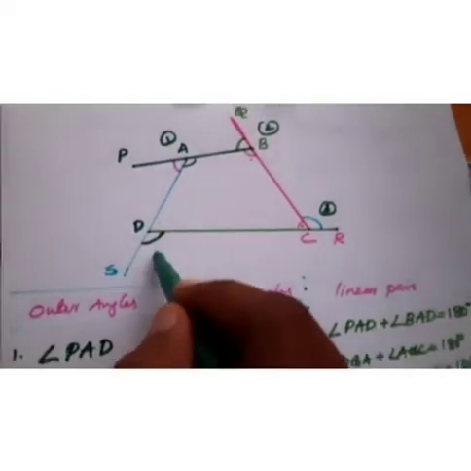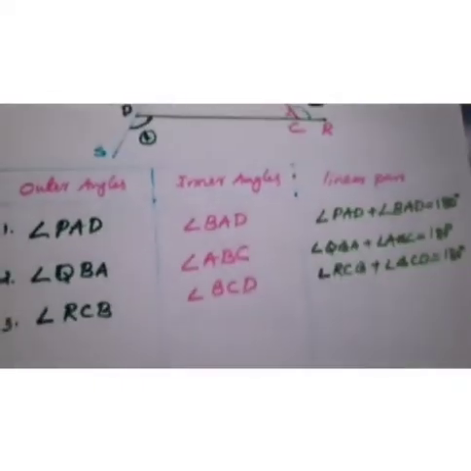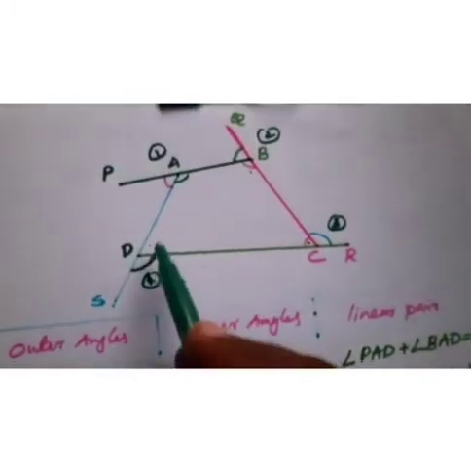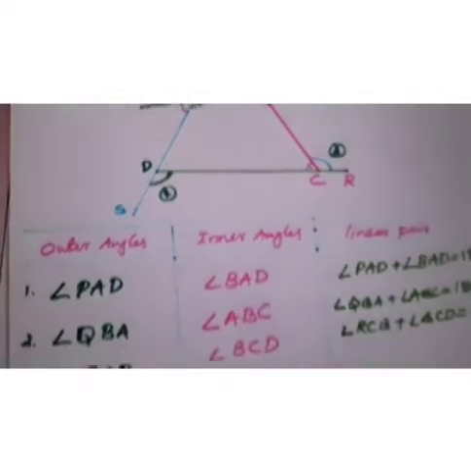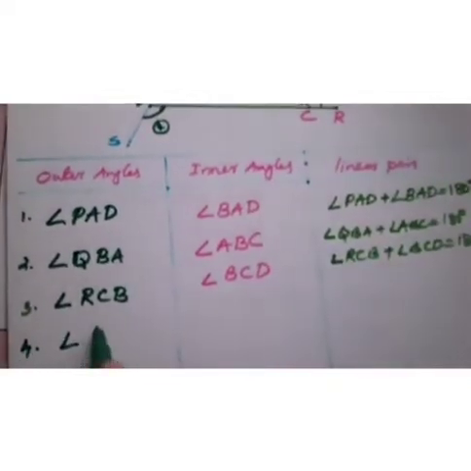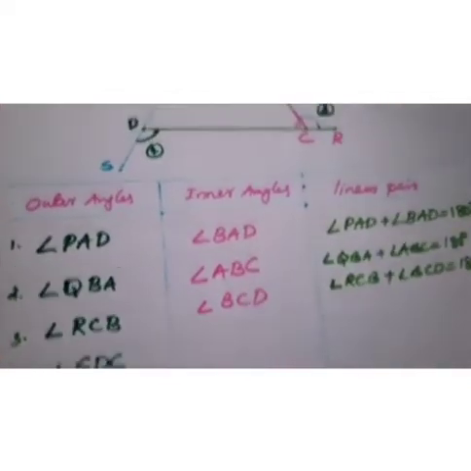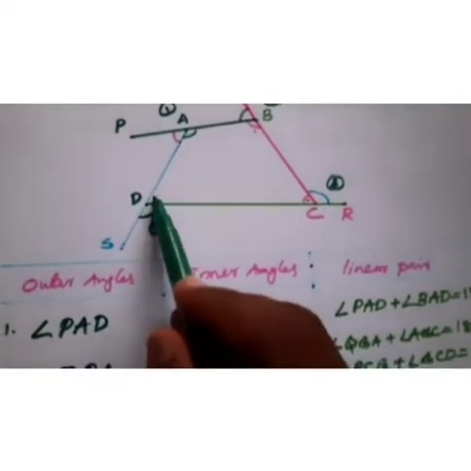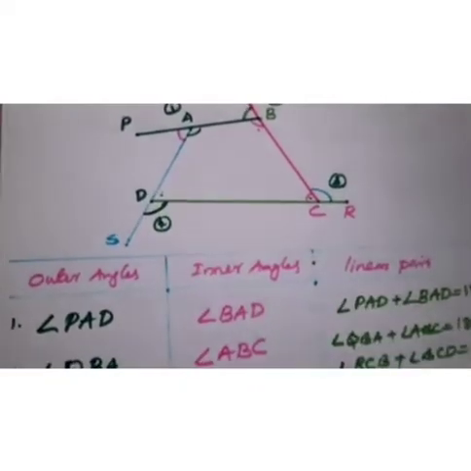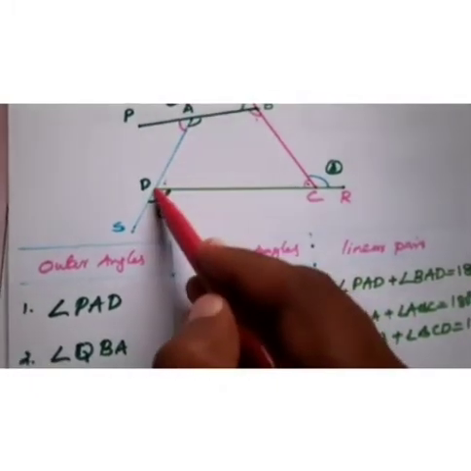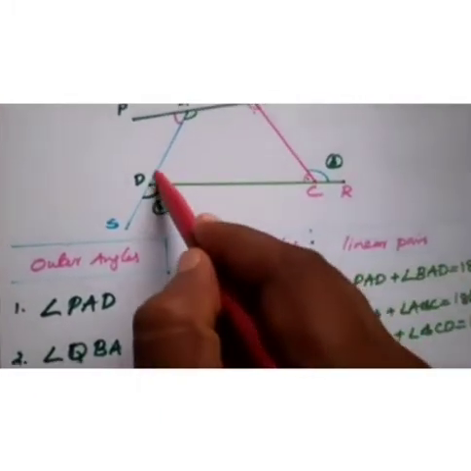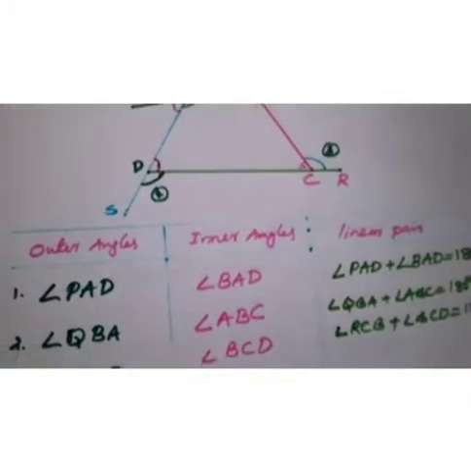Then the last pair, the fourth one, which is the fourth angle, SDC. Angle SDC is the outer angle. The inner angle is here. Which is the inner angle? ADC. This is the inner angle.